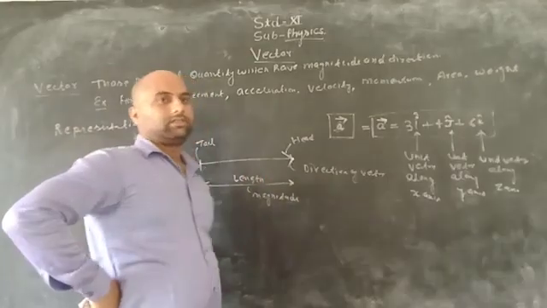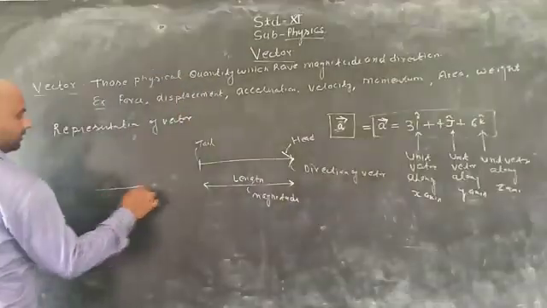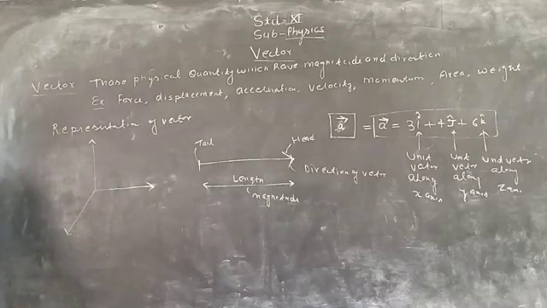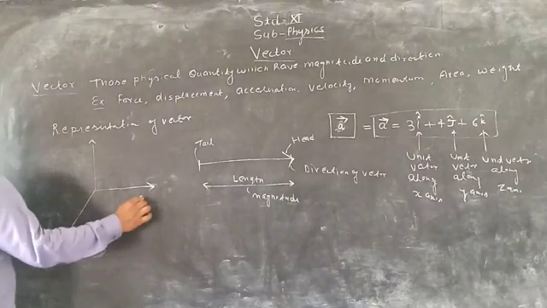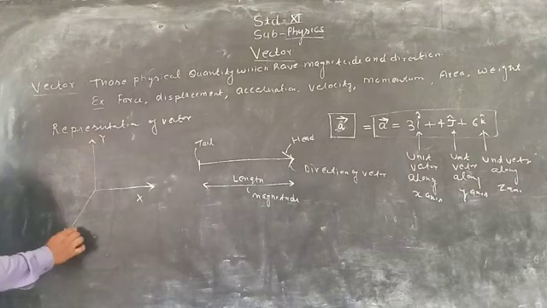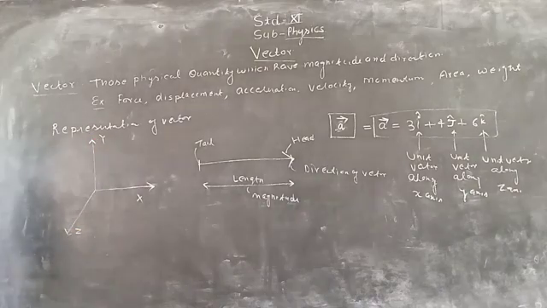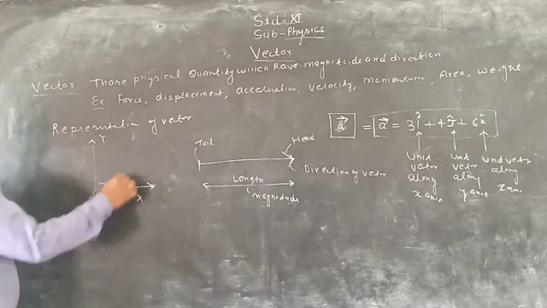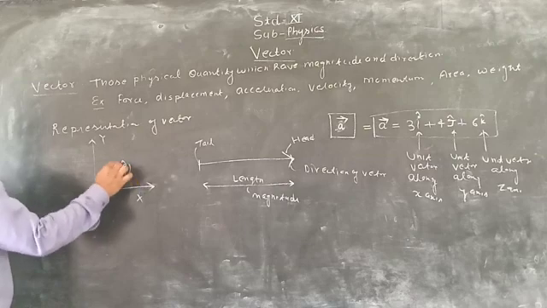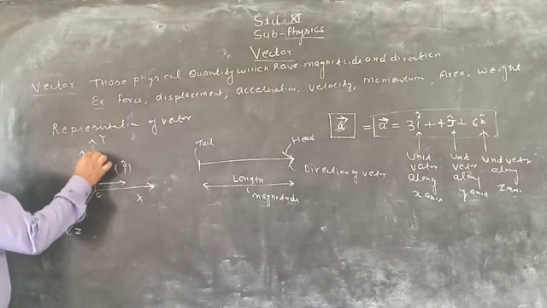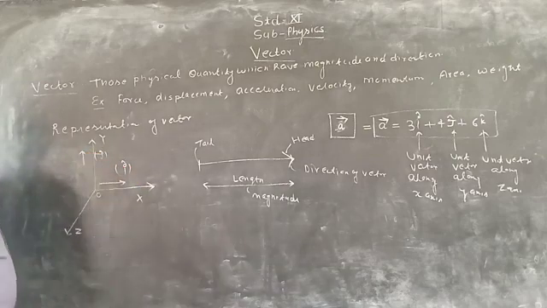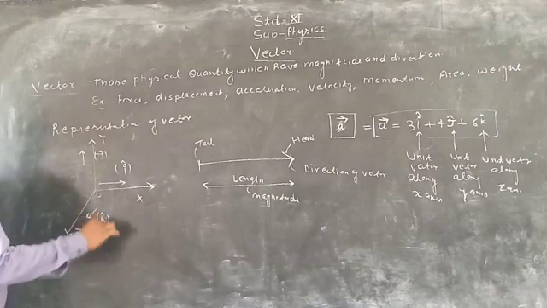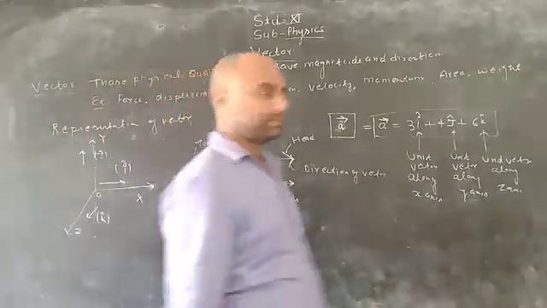Now we have to understand how we can recognize this. This is our x-axis, this is our y-axis, and this is our z-axis, and this is our origin. If we move in the x-axis direction, the direction is defined as i cap. If we move in this direction, it is defined as j cap, and if we move in this direction, it is represented as k cap.